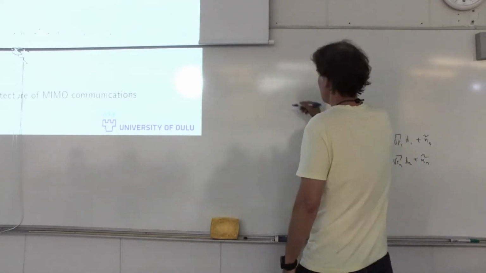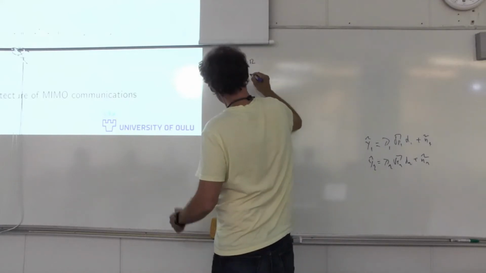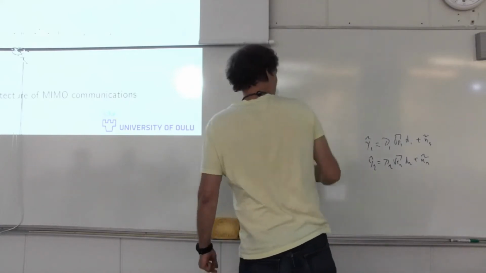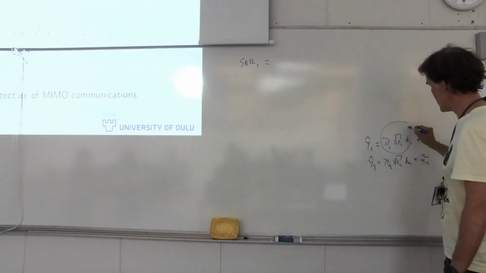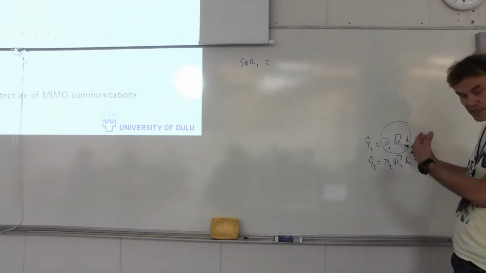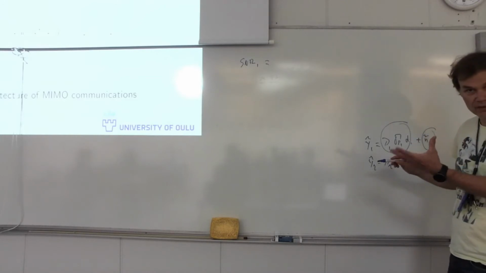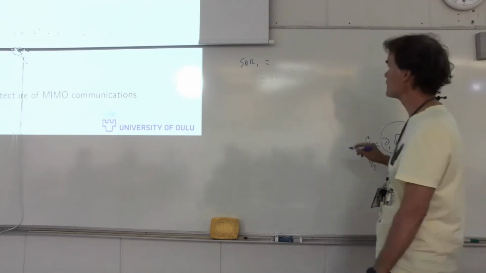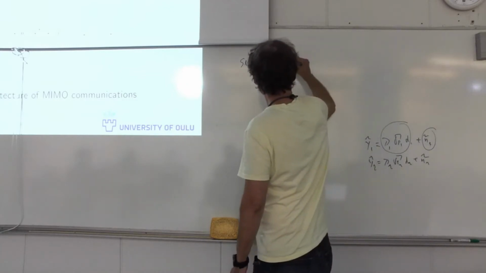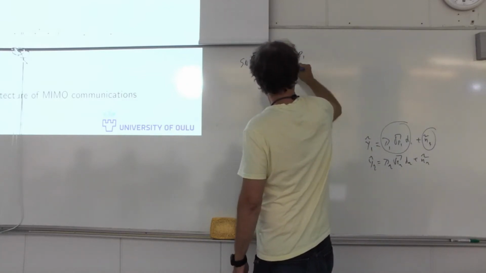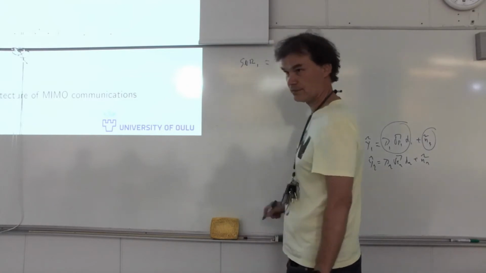So the signal to noise ratio of the first stream is simply the expectation square of this entire signal part over the expectation square or variance of the noise, right? So we have lambda 1 square P1 over N0, right?